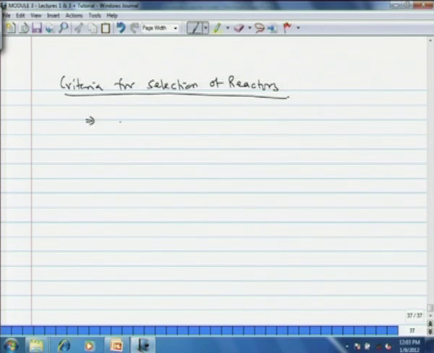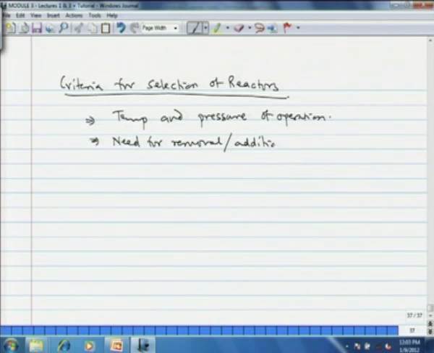Criteria that we need to consider are temperature and pressure of the reactor, then second, need for removal or addition of reactants and products. Then third, the required pattern of product delivery, whether batch or continuous.